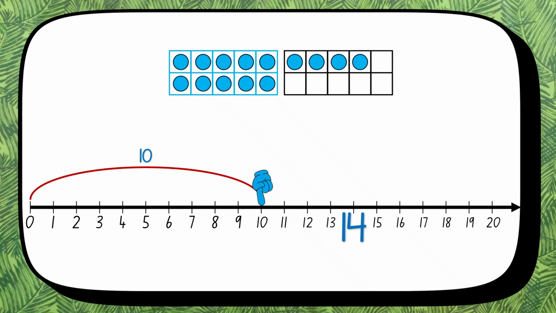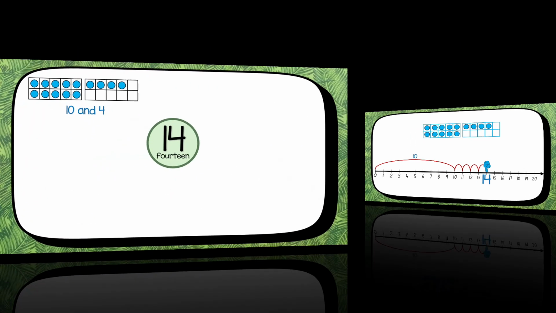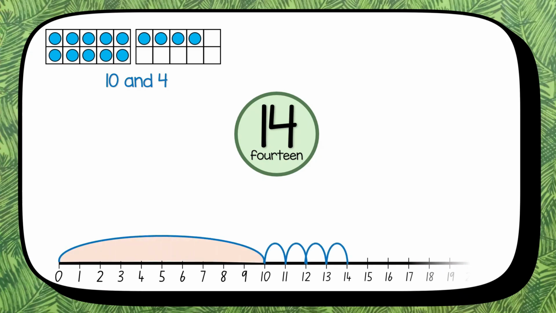How many smaller steps will get us to 14? 1, 2, 3, 4. 10 and 4. Count with me as we start at 10 and count on. What comes after 10? 11, 12, 13, 14.